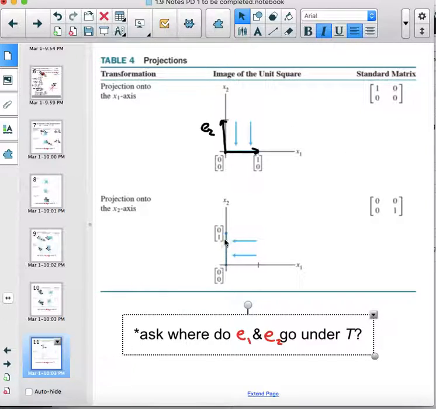And here, if you project onto the y-axis or the x2 axis, notice E2 stays the same, but all of E1 goes to the axis. So the x and the y components are 0. Everything goes to 0. So where does 1, 0 go? 1, 0 goes to 0, 0. That's all you're asking. Where does E1 go? E1, which is normally 1, 0, goes to 0, 0.